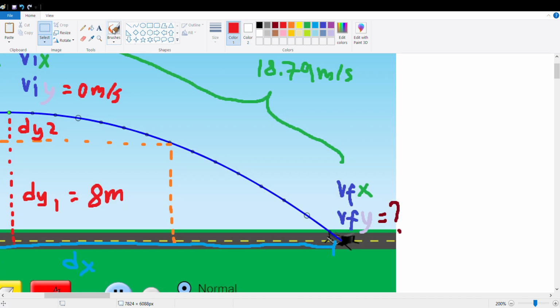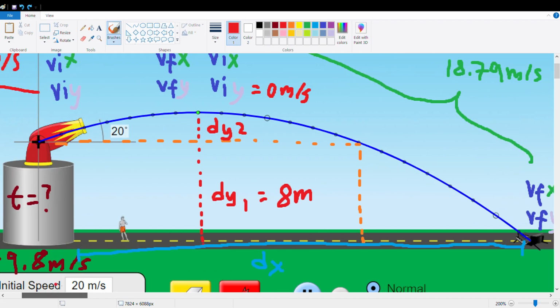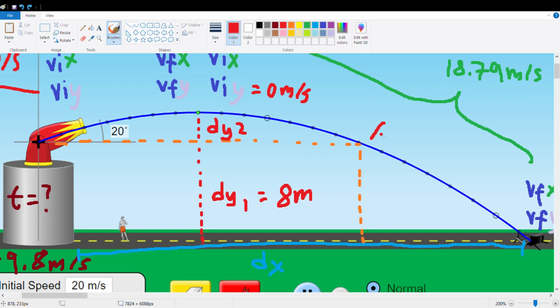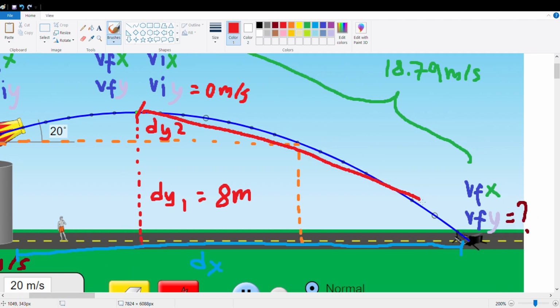We don't know this part here specifically, and at the same time, this part specifically, if we were supposed to try to find time or split time into two from this part until this part.